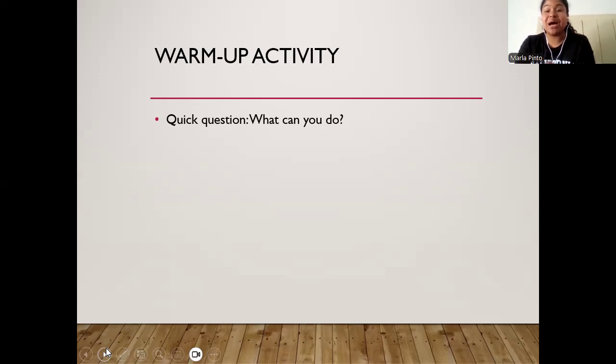This is about abilities, about the things that you can do by yourself. For example, I can use a phone, I can record a video.